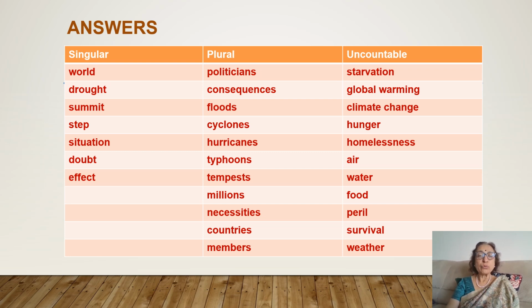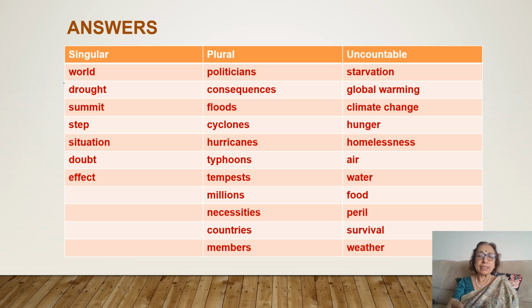You have to now find which of them is singular, which is plural, and which is uncountable. We begin with the sentence, politicians all over the world. Politicians plural and world singular, world we've come across many times, are talking about the consequences of global warming. Consequences is plural and global warming is uncountable.